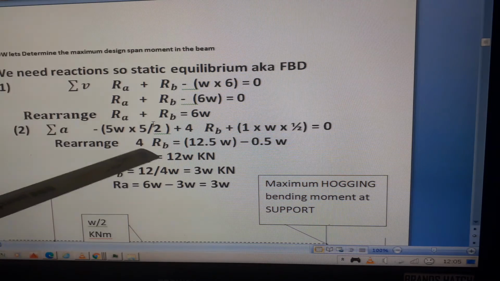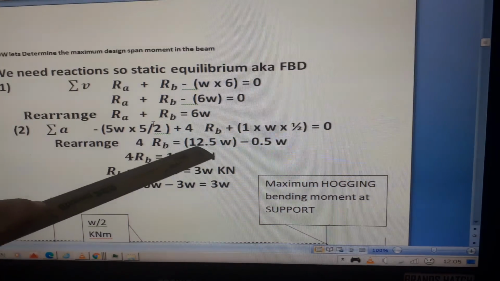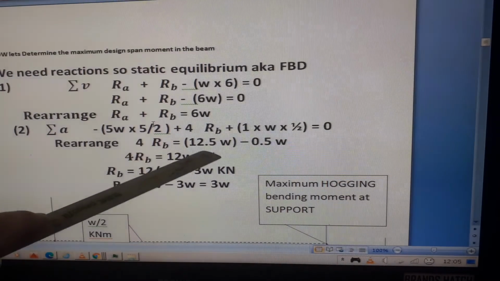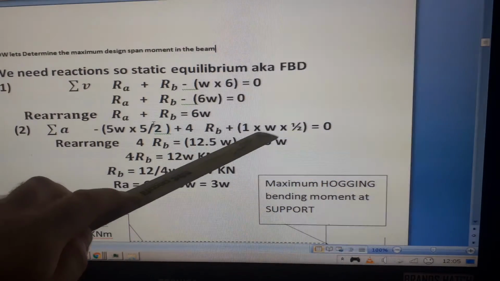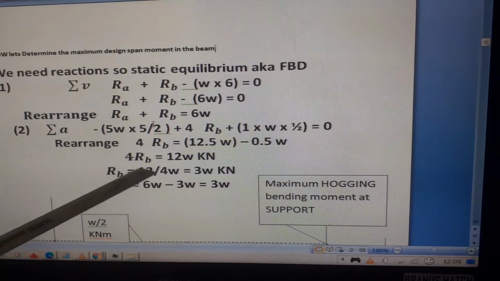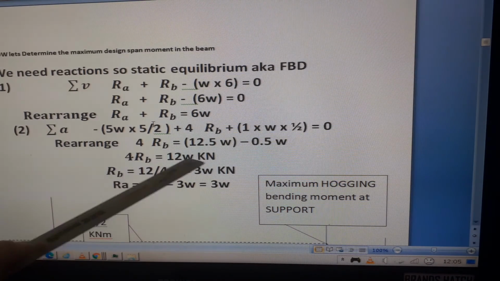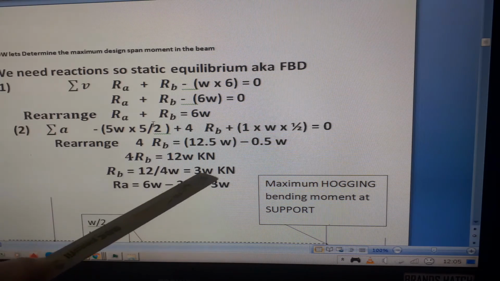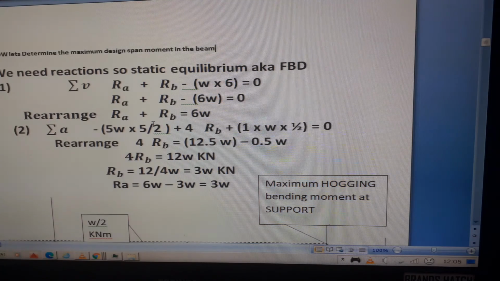Rearranging, 4RB is equal to 12.5W minus 0.5W, since 5 times 5 over 2 is 25 over 2, 12.5. So 4RB is therefore 12W. Therefore RB equals 12 over 4 W, which equals 3W kilonewtons.